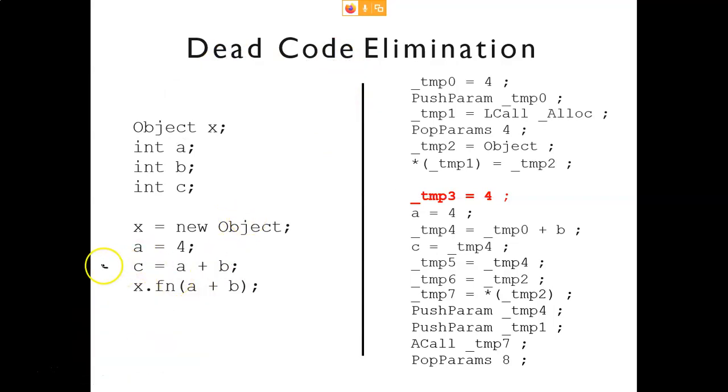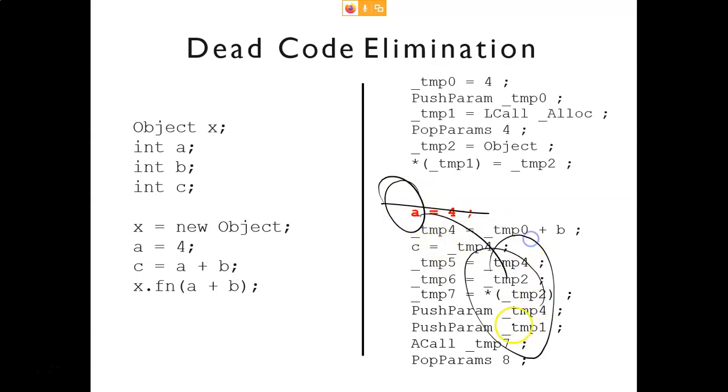In this statement you are using variable A and variable B, but you are defining variable C, not using it. So here you can see this is also dead code, you can eliminate it. Similarly this is also dead code, because after this definition of A, A is not being used anywhere.